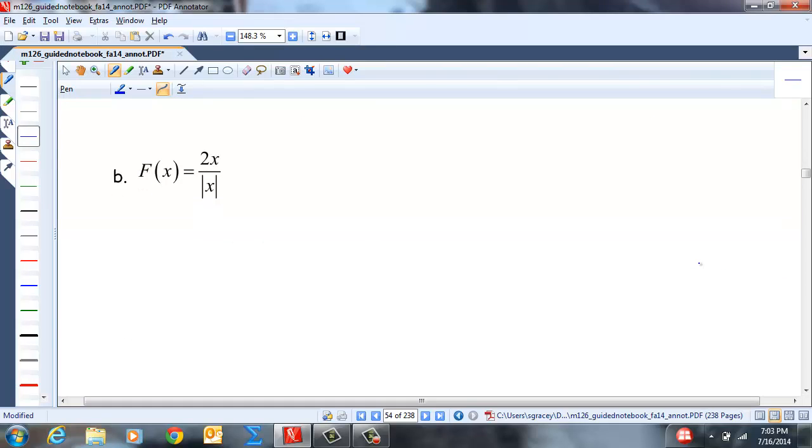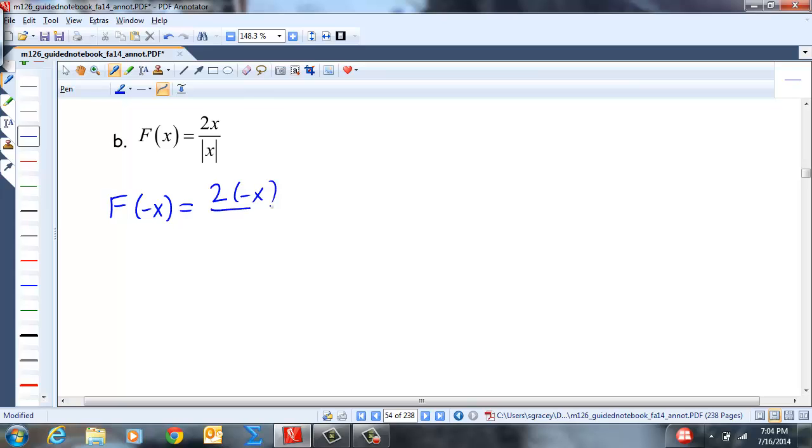Next up, capital F at x is 2x all divided by the absolute value of x. So again, let's just see what we got. Capital F evaluated at negative x will be 2 times negative x divided by the absolute value of negative x. So wherever I see an x, I'm putting in a negative x and seeing what I have.